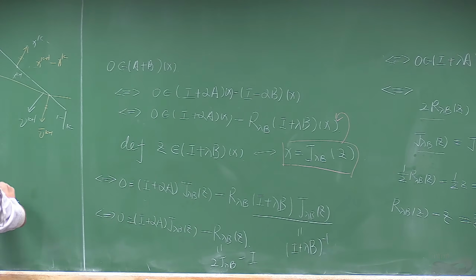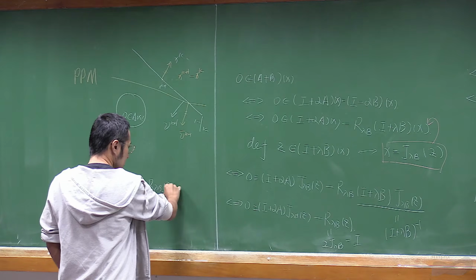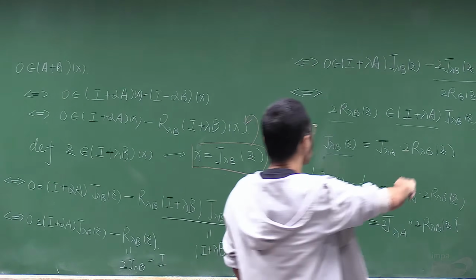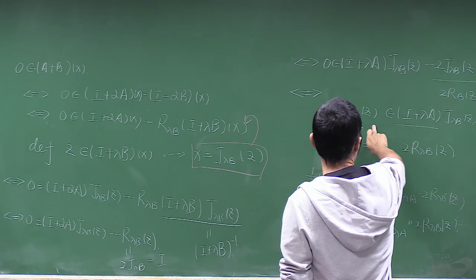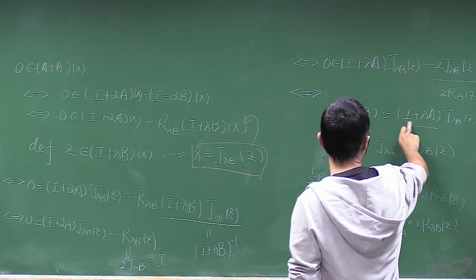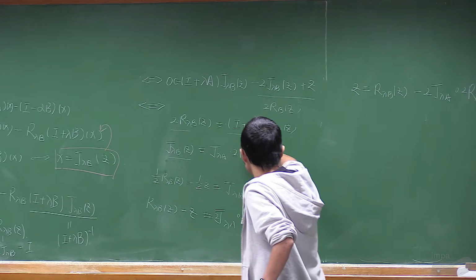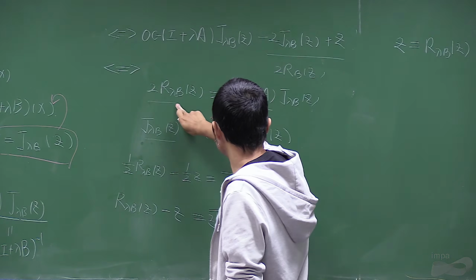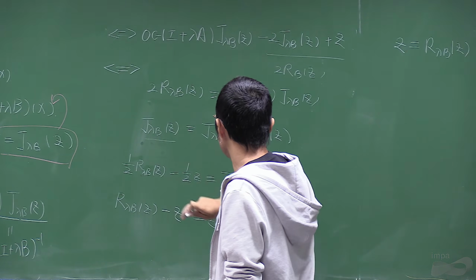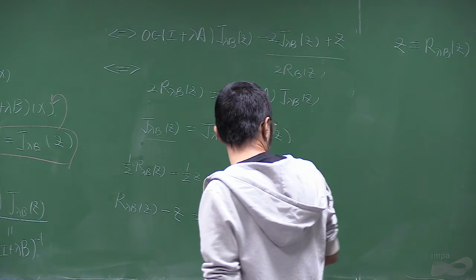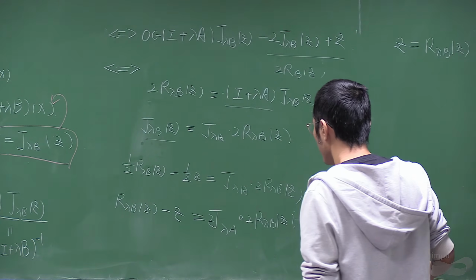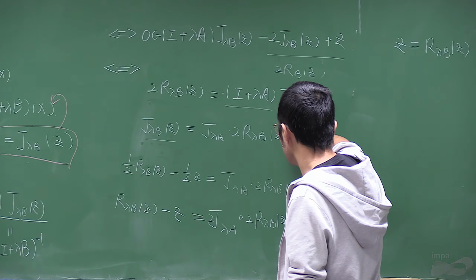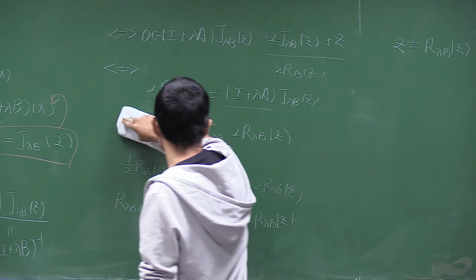This should be reflection of BZ equals to reflection of BZ equals to identity plus I minus resolvent of A, and these two, or we can write it as a definition, or we can write it here.